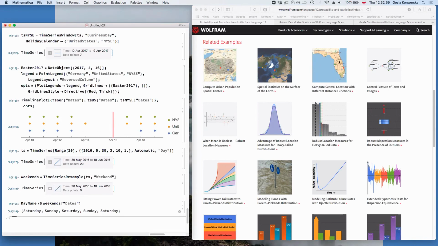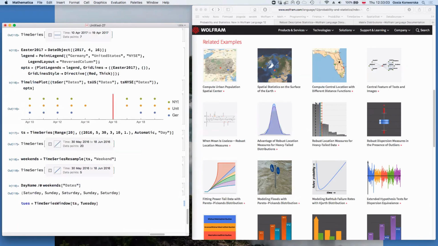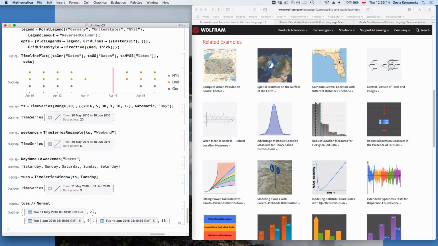So Saturday, Sunday. When we use time series window, we can also specify a given day of the week. So let's say I would like to have only the data that's on Tuesdays. And here we go, Tuesday, Tuesday, Tuesday.